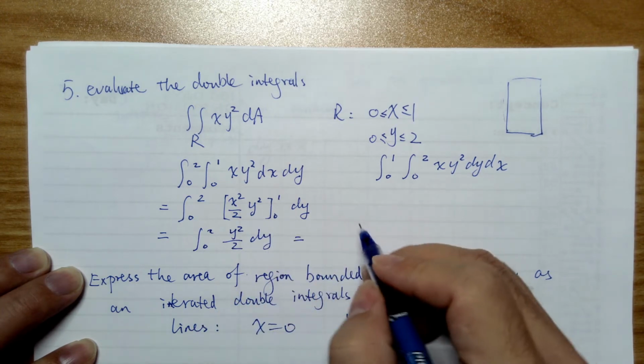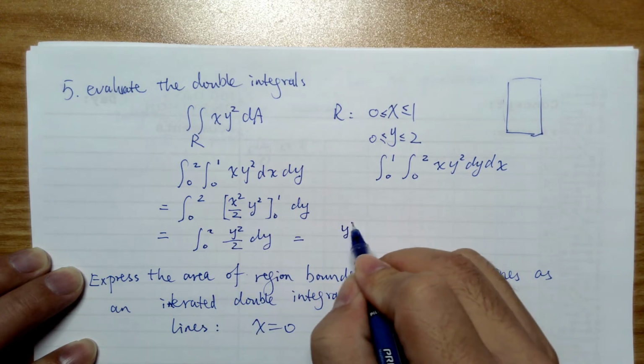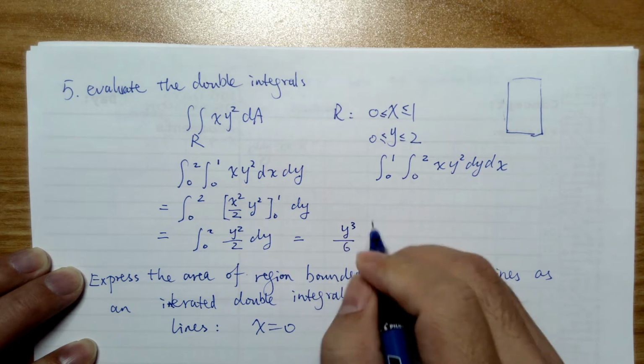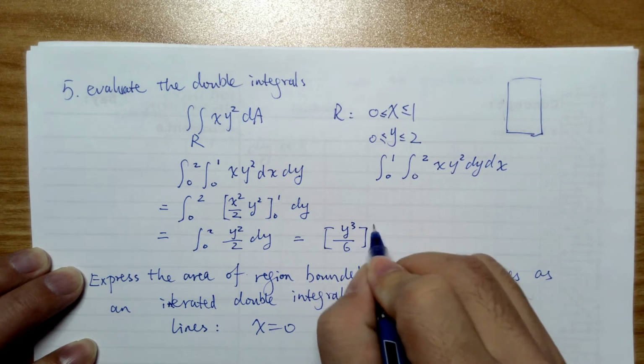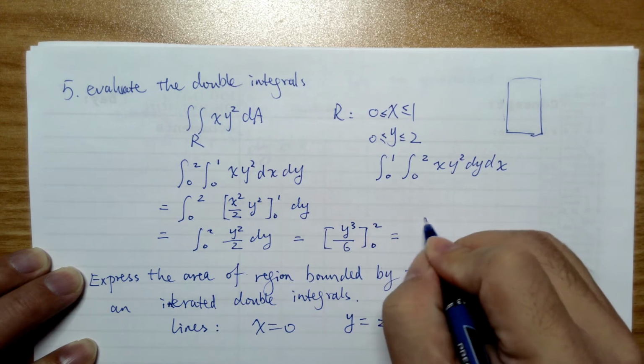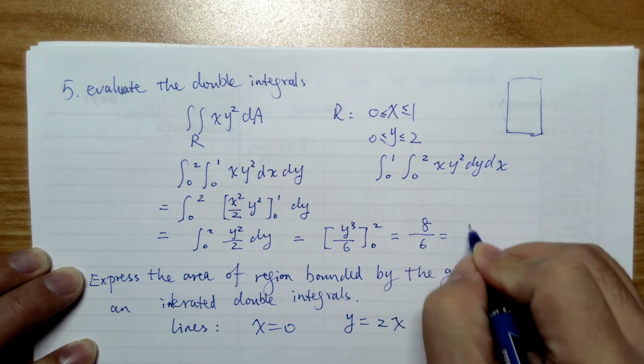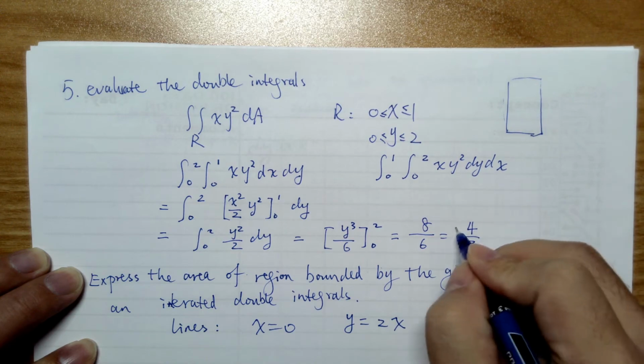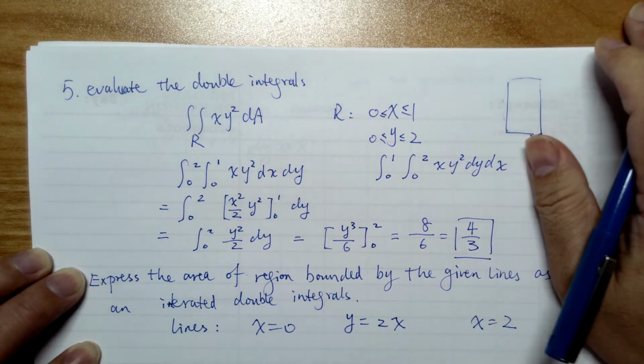And then this will become y cubed over 6 evaluated from 0 to 2. That is 8 over 6 or 4 over 3. Okay, that's the first problem.